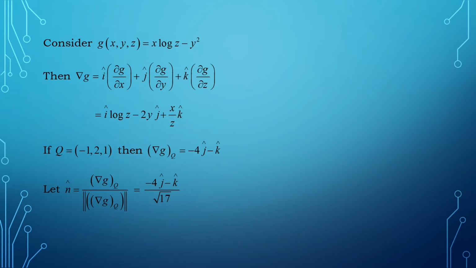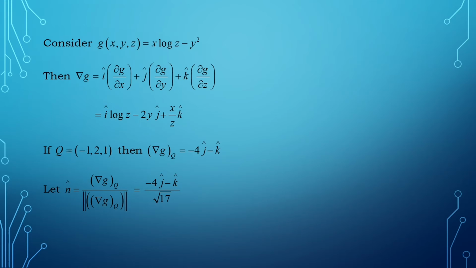Now, to find a normal to this new surface G, we have to find the gradient of this surface G also. For that purpose, we have to find the partial derivatives of G. So we need to find dou G by dou x, dou G by dou y, and dou G by dou z.